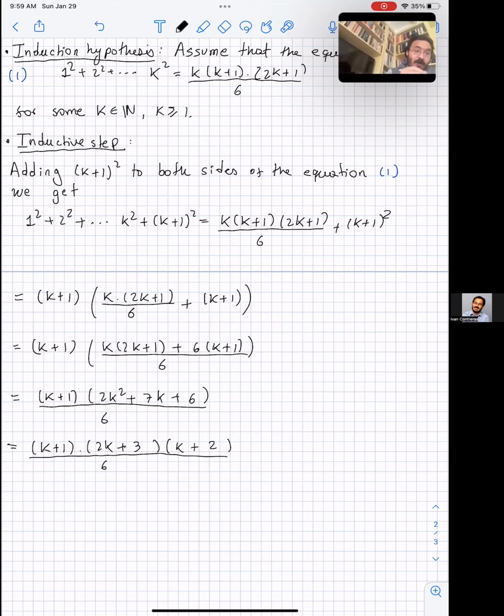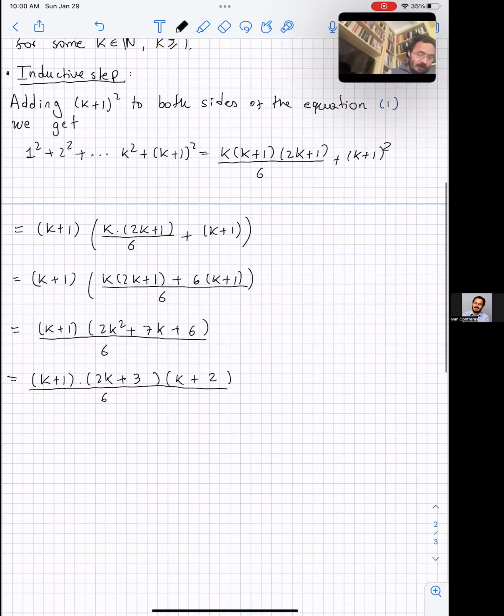And you verify, that's important, verify that you get the same expression. You get 2k squared, which is this one. Then you get 4k plus 3k, 7k, fantastic. 3 times 2, 6, kaboom, fantastic.